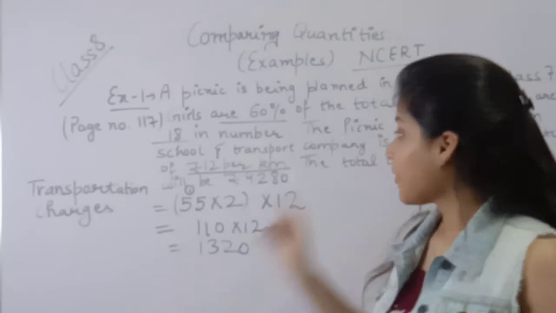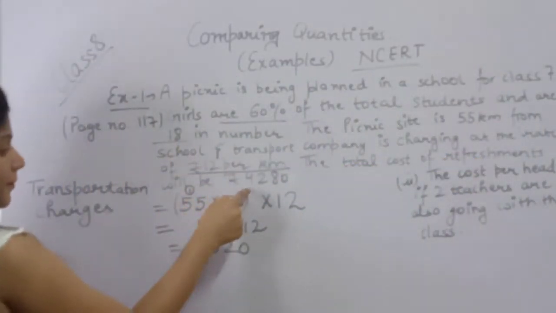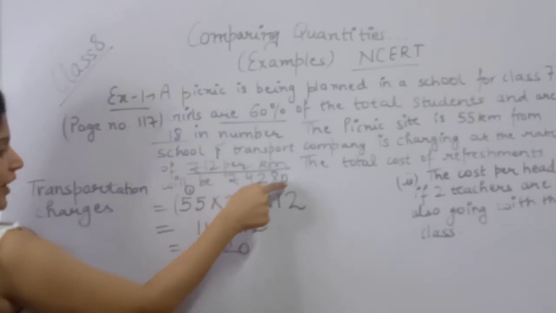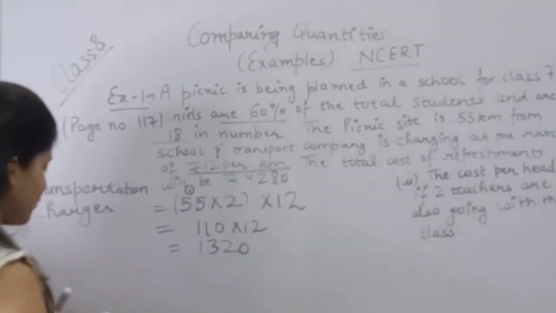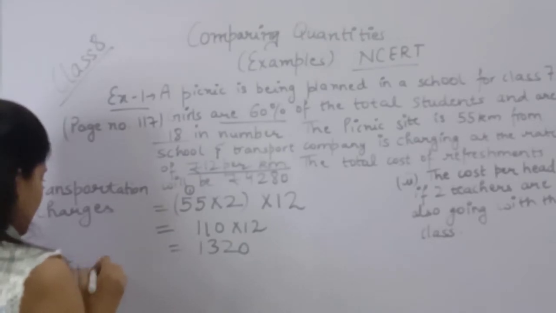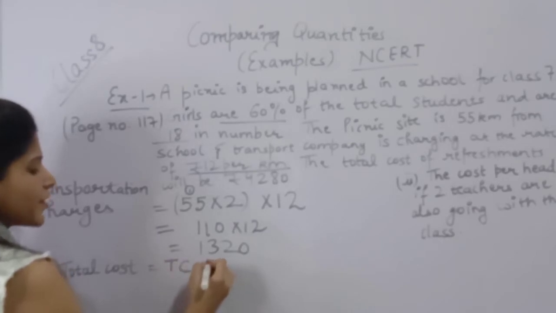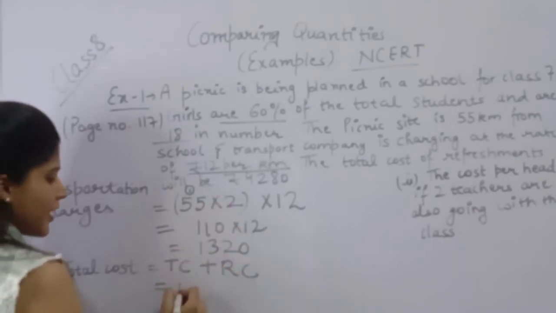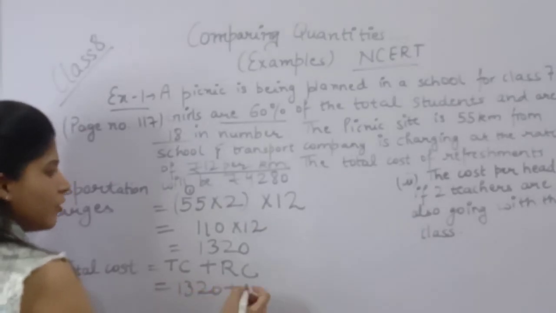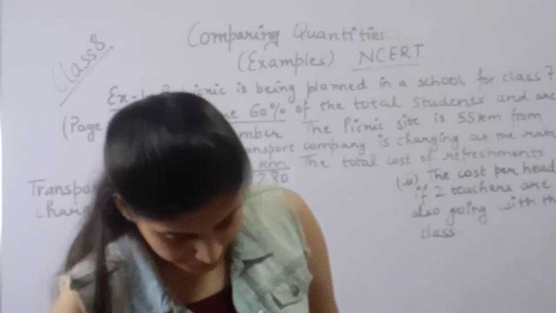Now we will add the refreshment charge because the total cost of refreshments will be 4280. So total cost equals to transportation charges plus refreshment charges. Transportation charge है 1320 plus refreshment charge है 4280.